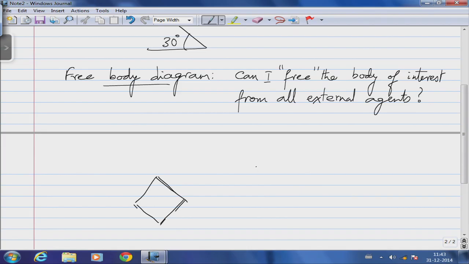Let us make a list of external agents that I have to free this body of. The first external agent is the inclined plane itself.